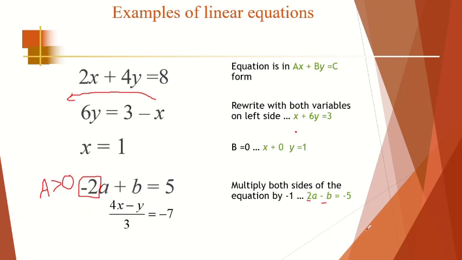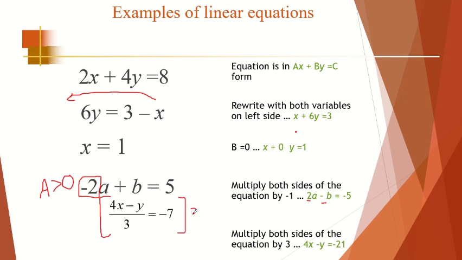Next, how about this? Multiply both sides of the equation by 3. We need to get rid of the 3; that is our way to cancel. This 3 here on both sides, and this 3 here. Now cancel this, cancel this. So what remains?